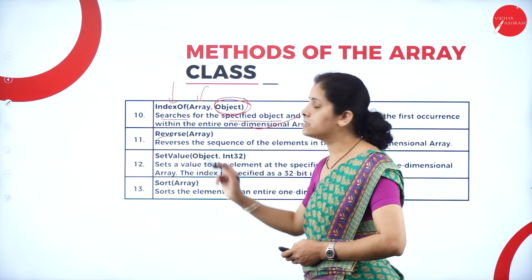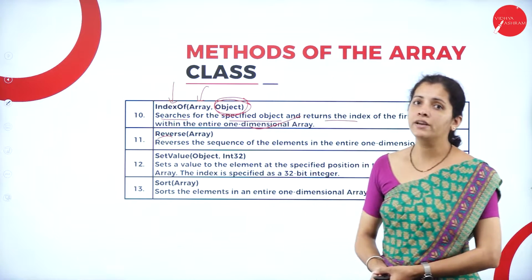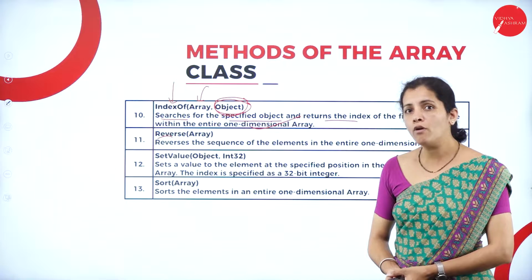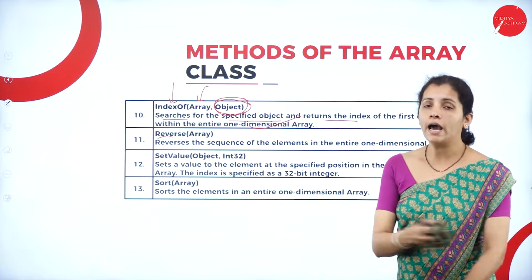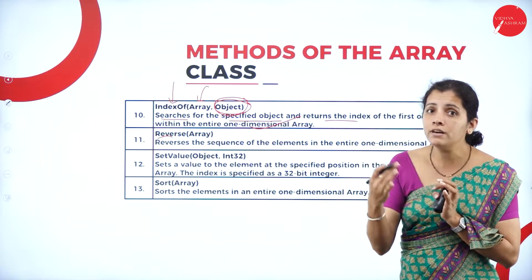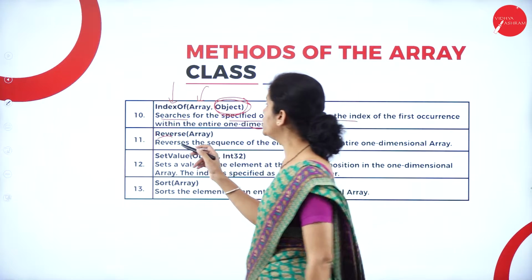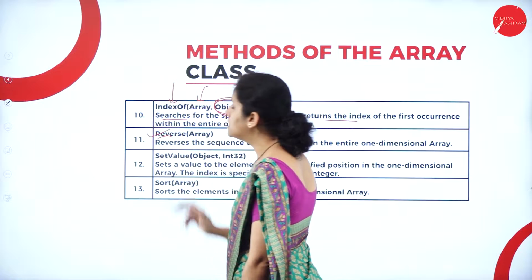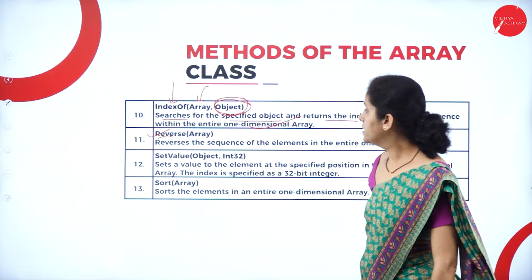Now, Reverse. What is the meaning of Reverse? Suppose I want to display the array elements in descending order or in reverse order, then I am going to use the method called Reverse.